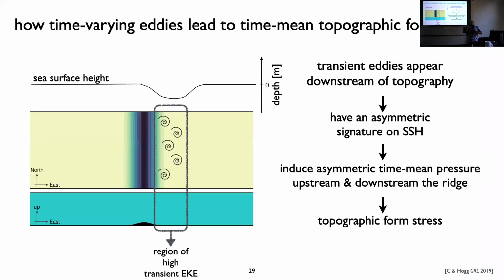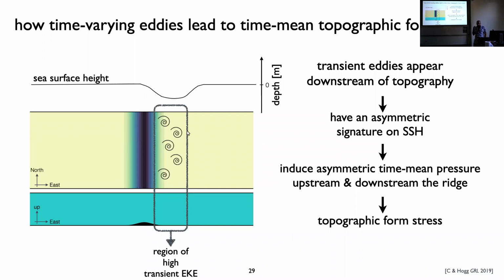So with all this, and a lot of hitting your head against the wall, we can come up with a new paradigm. What we seem to be finding is that downstream of topographic features, eddies appear. It could be because of baroclinic instability or other types of instabilities, but there are many more eddies downstream than upstream of topographic features, of meridional ridges.